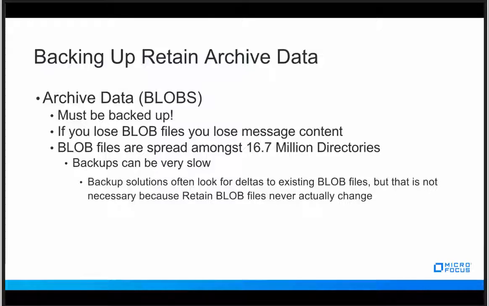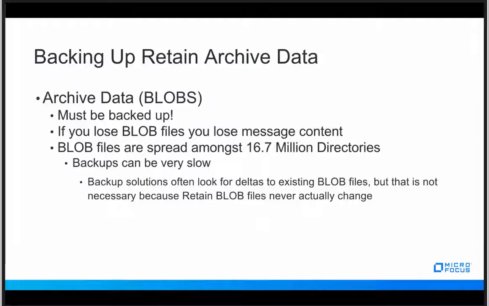Backing up the archive blob files is difficult, and here's why. Those blob files are spread in and amongst 16.7 million directories, potentially. And your traditional backup software, when it approaches that, iterates through all of those 16.7 million directories for two things.